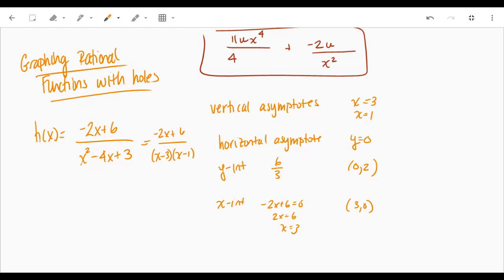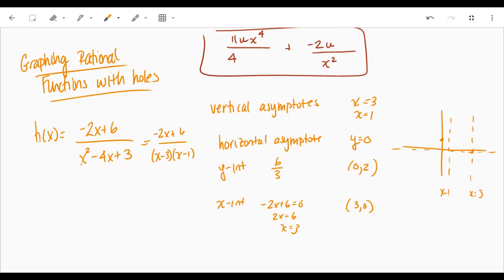Okay, and that's where we run into an issue, when I start to graph this. I've got my vertical asymptotes at x equals 1 and x equals 3. I have my horizontal asymptote at y equals 0. I have my y-intercept at 0, 2. And then I have my x-intercept at 3, 0. And that can't happen. I cannot have an x-intercept in the same spot that I have a vertical asymptote.